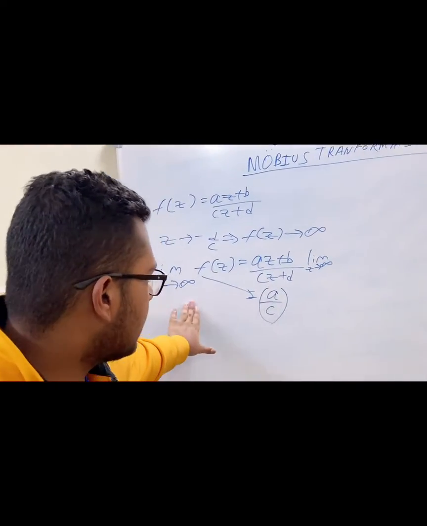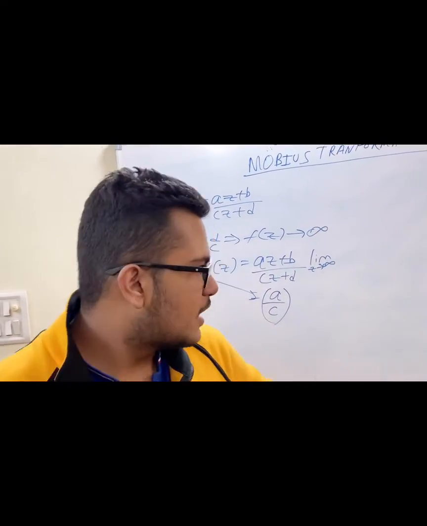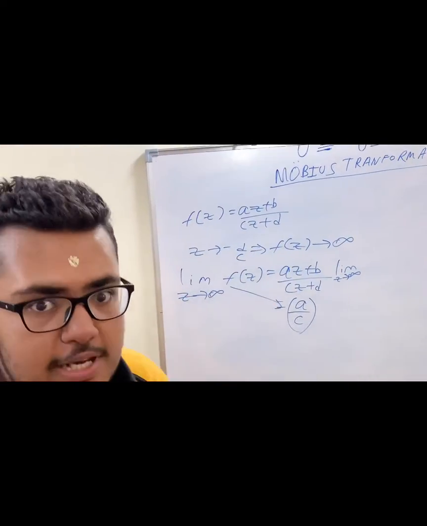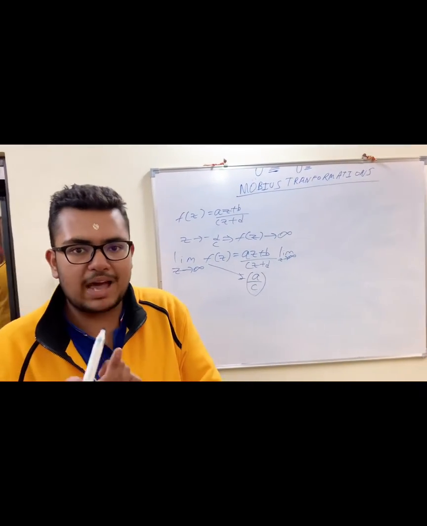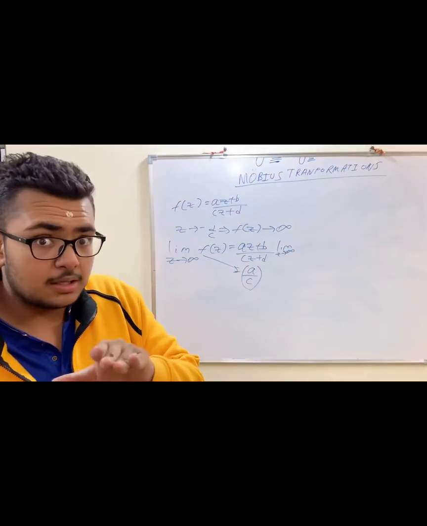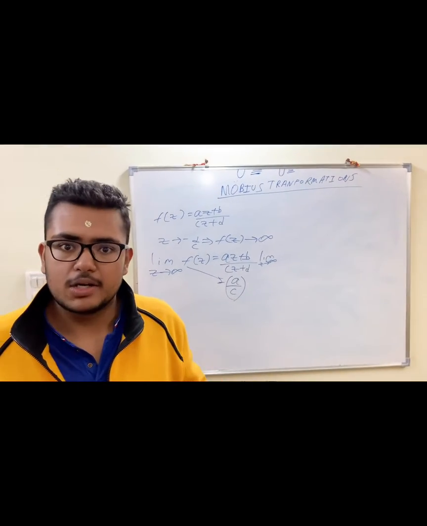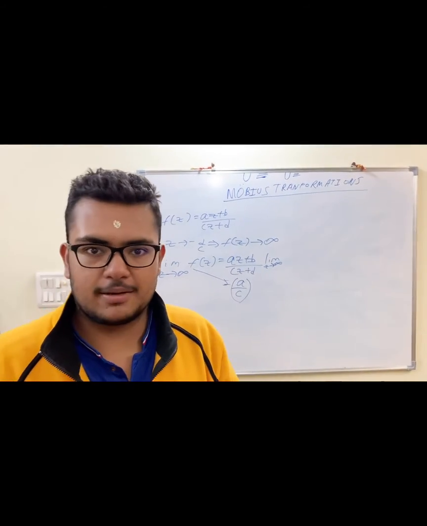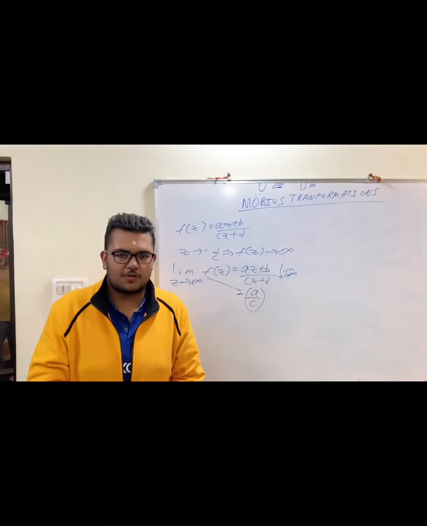But alongside that, these are not just constant points. If you were to change the constants in the equation, the points will change. So in essence, you can map any point in the Argand plane to infinity, and you can also map any point at infinity to a finite point in the Argand plane, and that is a really super property of Möbius transformations.